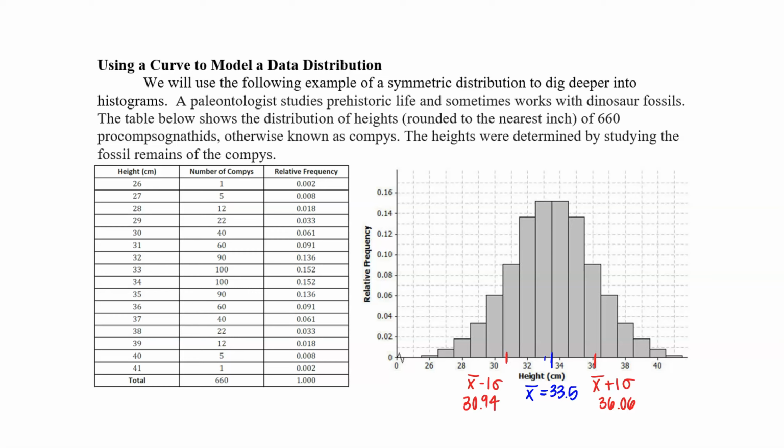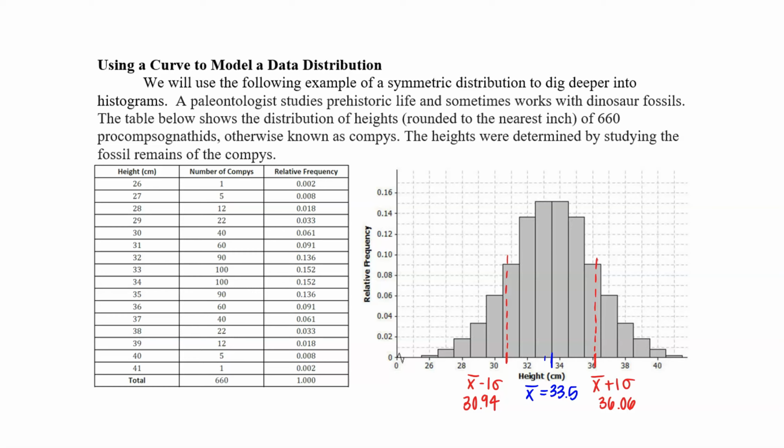The next part of number 4 asks in letter A, approximately what percent of values of the dataset fall within one standard deviation away from the mean? Well, looking at our graph, we want to determine between this one standard deviation below and one standard deviation above, what percent is in between the two bars. To do that, what we can actually do is use our relative frequency table.